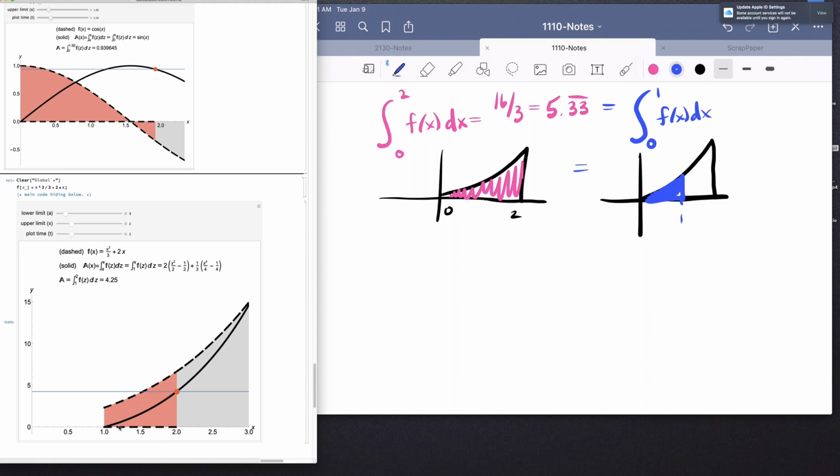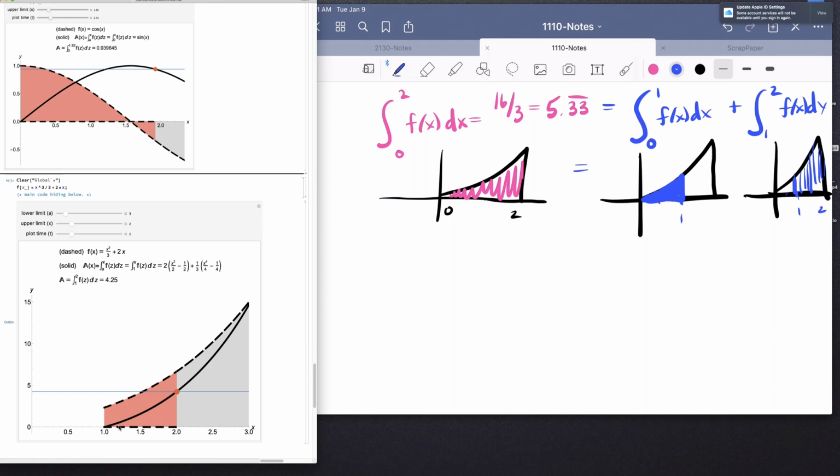And then there was another integral that we could have computed, plus the integral from 1 to 2 of f of x dx. Again we had that same region, but from 1 to 2 we had a different part of the region. And it was these two together, this region here in blue, that fit right here at the tip.